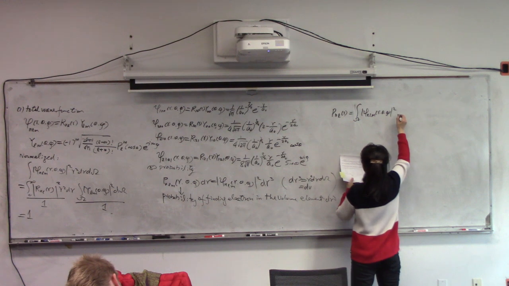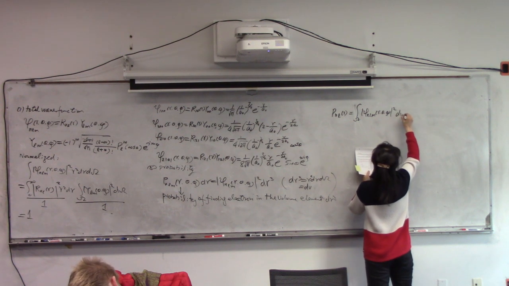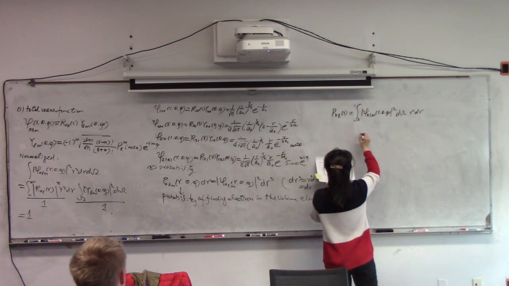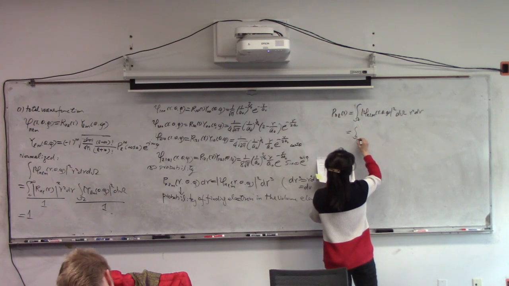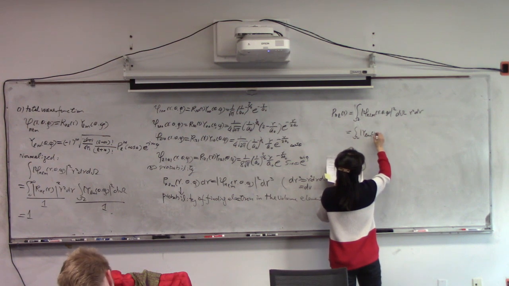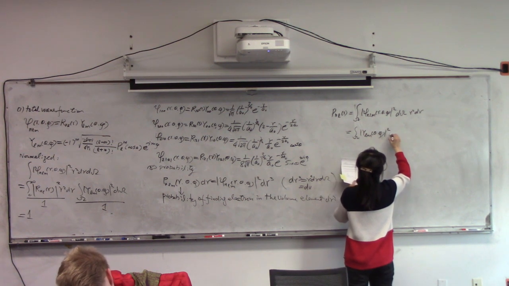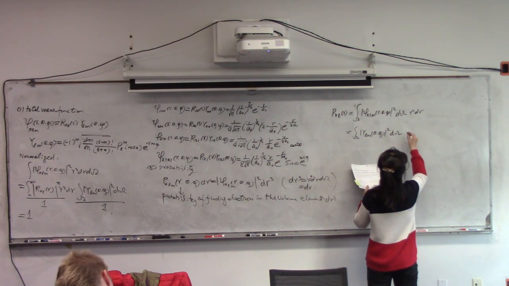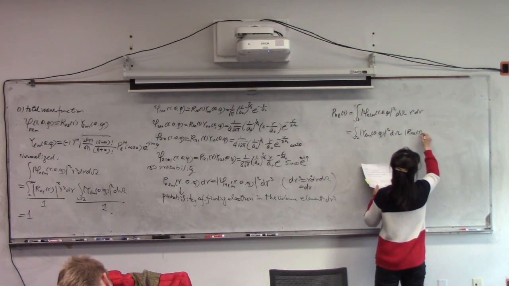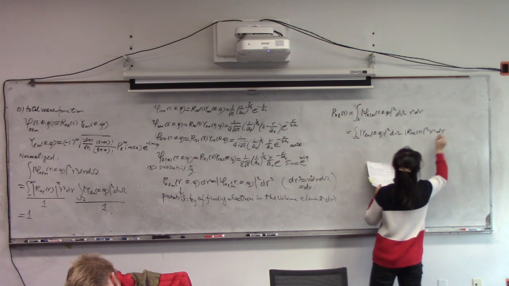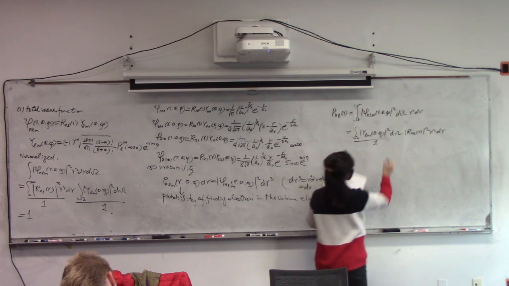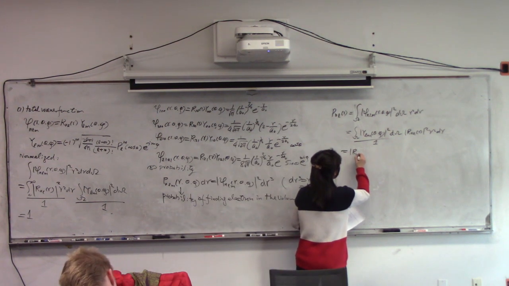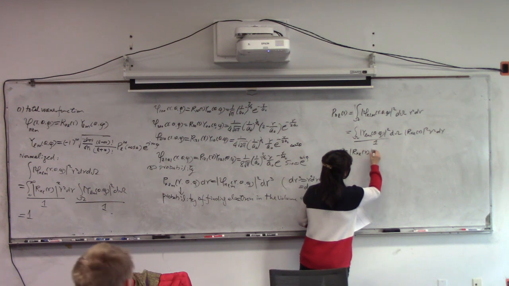If I do this, integral of d omega, square, dr, is equal to, this one is 1, right? Because it is normalized over the whole volume. So that is the radial function.